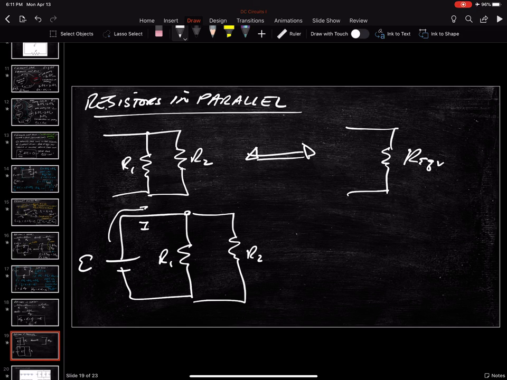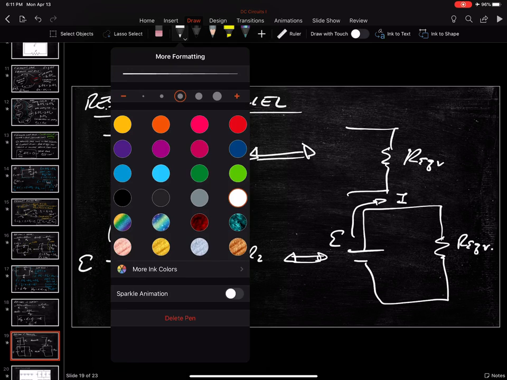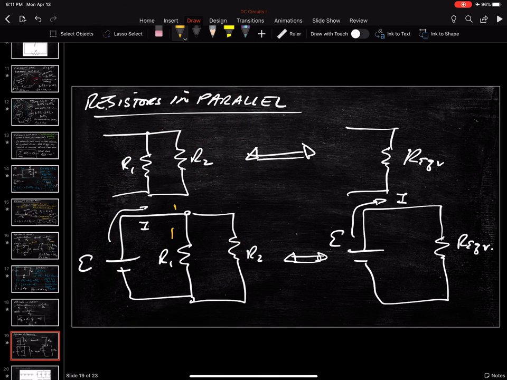This is going to be equivalent to the same battery, the same current, and an equivalent R equivalent. Again, it's important: same current, same voltage. The only thing I change is this combination of resistors. This thing just gets replaced by this thing. That's all. The E is the same, and the I is the same.